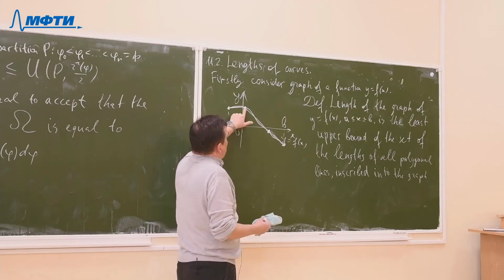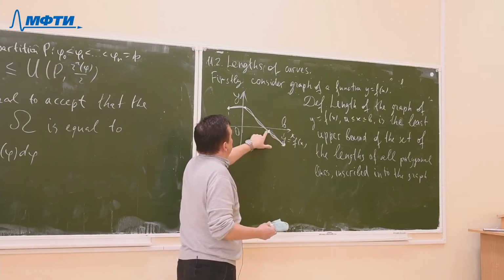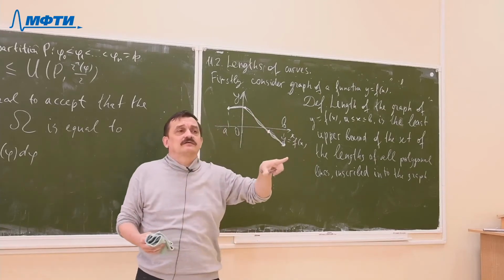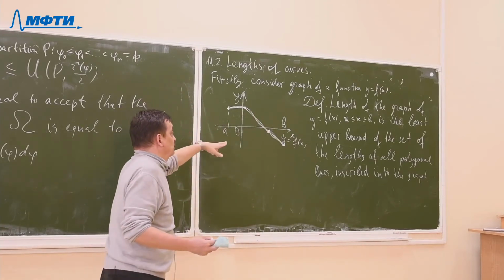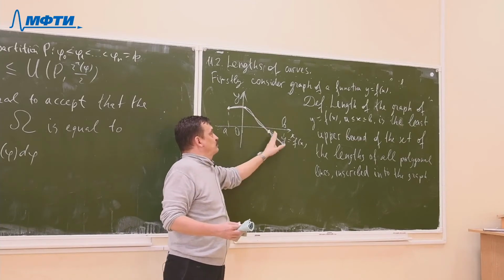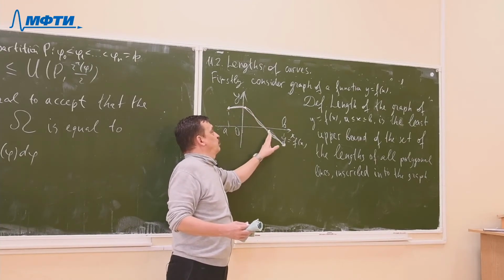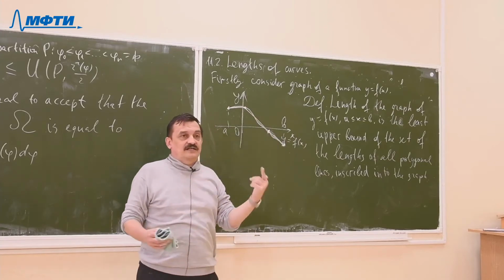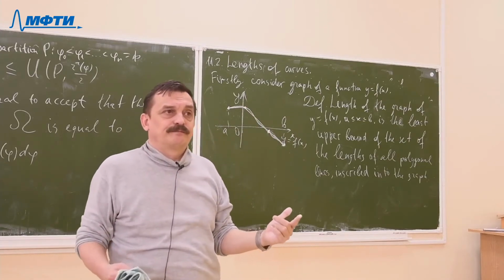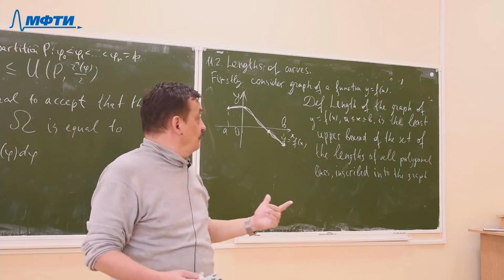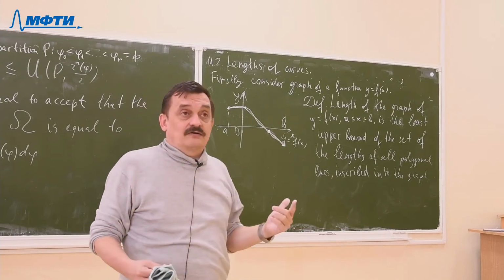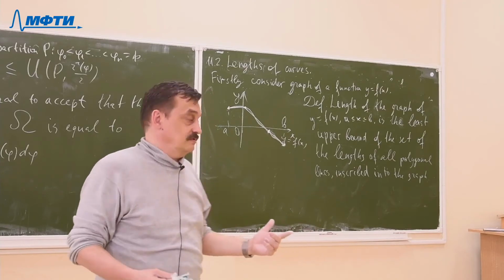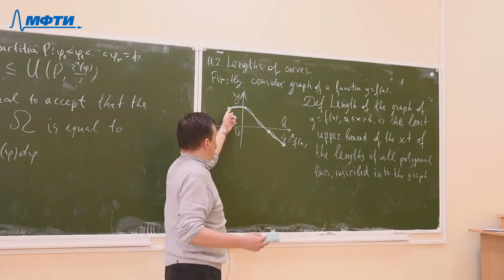Obviously, once you choose finitely many points on the graph, we choose arbitrary points of the graph and connect them by straight lines. So that is how our polygonal line was formed. After that we compute the length.